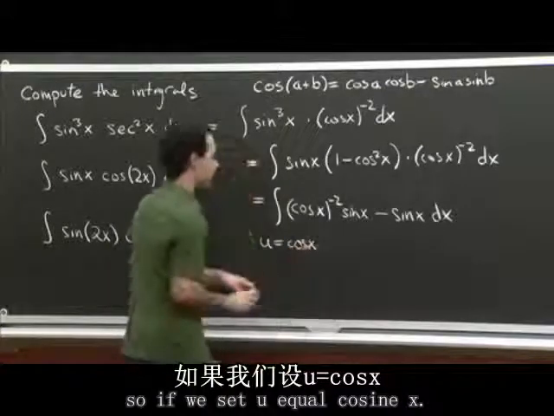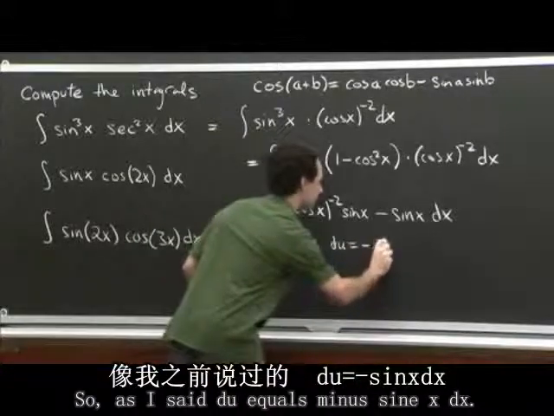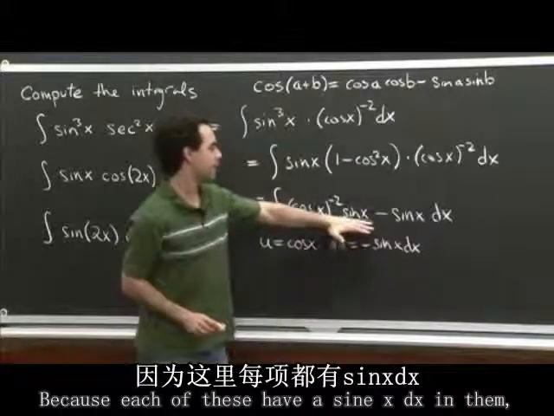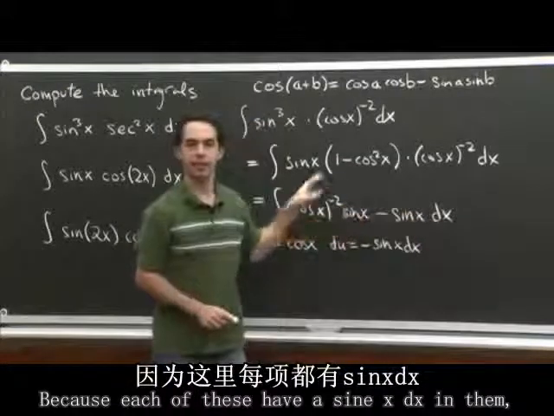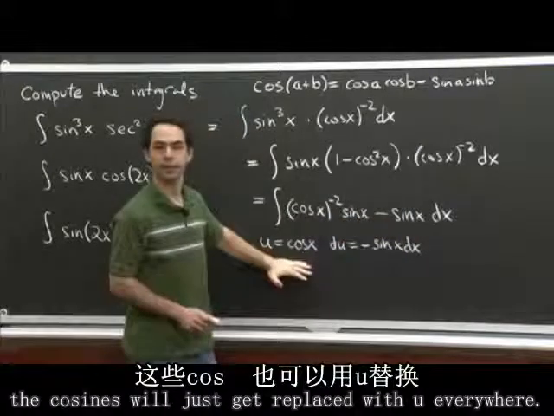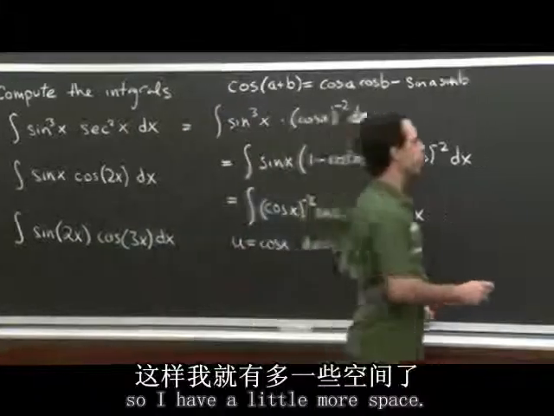So as I said, du equals minus sine x dx, because each of these have a sine x dx in them, that's going to get clumped into the du, and the cosines will just get replaced with u everywhere. So I'm going to take this over here so I have a little more space.